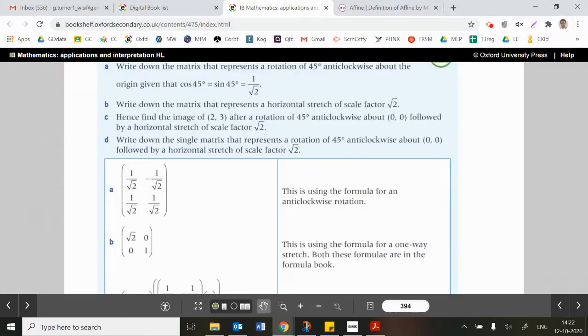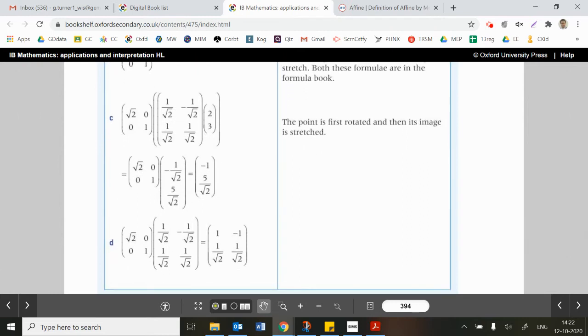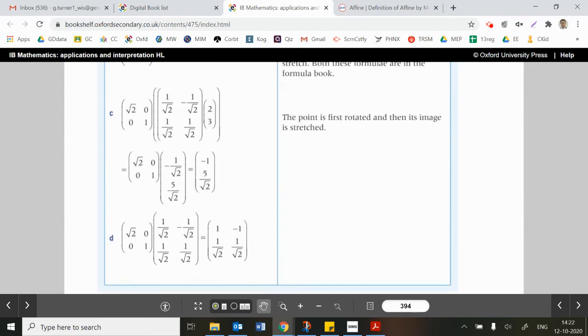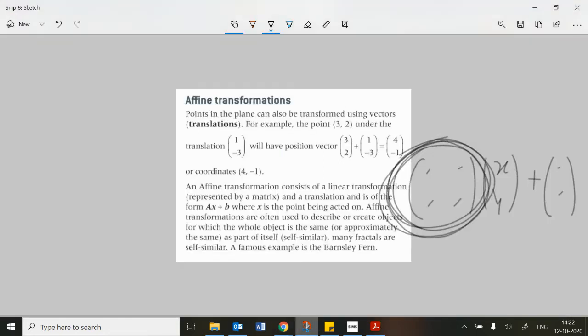And then, of course, you can combine those 2 things. The one which we want to do first needs to be on the right-hand side. Remember, this is a bit like composite functions. If we want to apply matrix A to point X, being (x, y), and then apply the transformation of matrix B, then we would put the B on the outside.